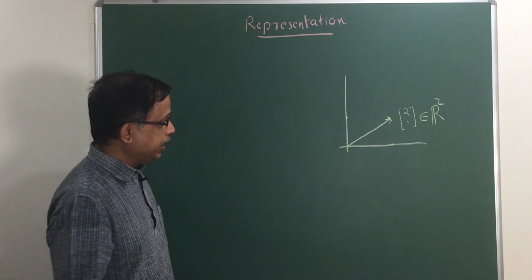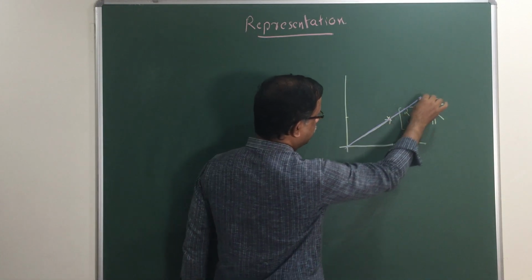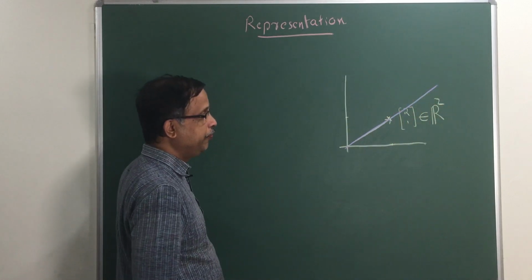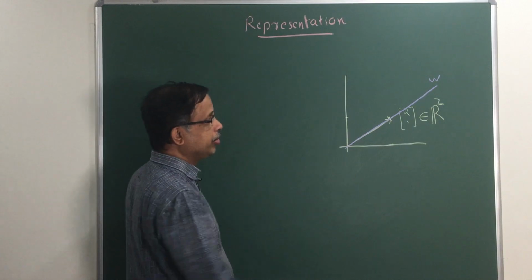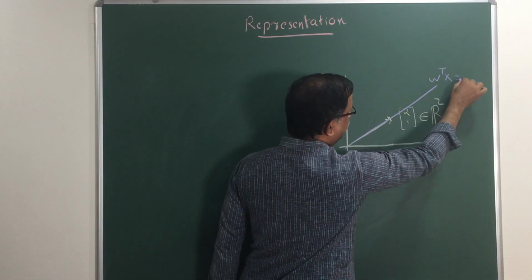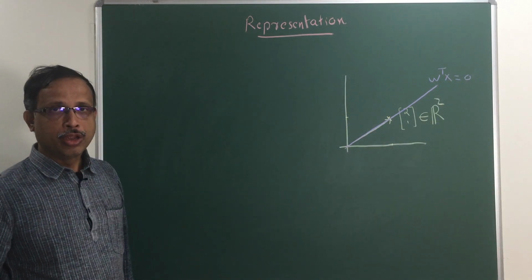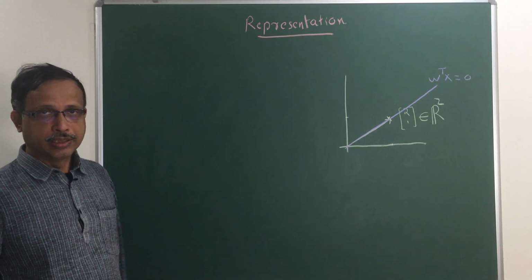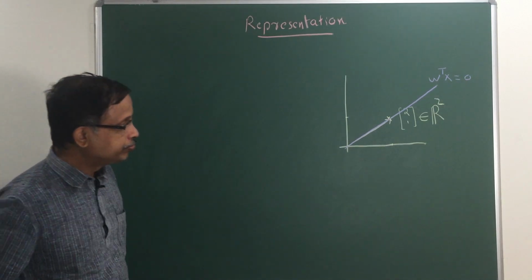Now let us look at a line which is characterized by W, or we say this is W transpose X is equal to 0. What is W in this case? These are the coefficients of the first and second term.